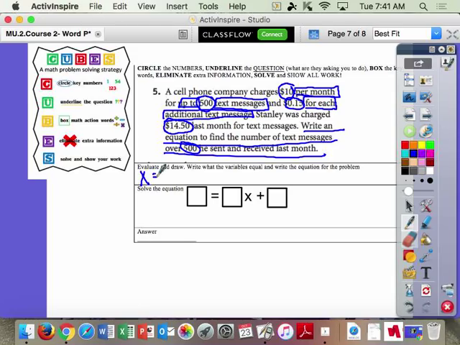In this case, your X should have been number of texts. That per for this one is not what's going to be next to X. So that's actually going to go here because we're talking about 1 month. And then this is going to be our 15 cents. And then this should be our $14.50.